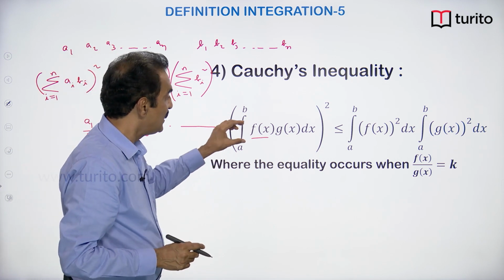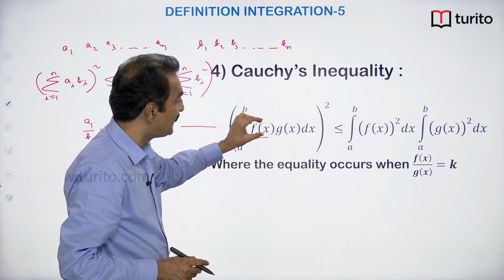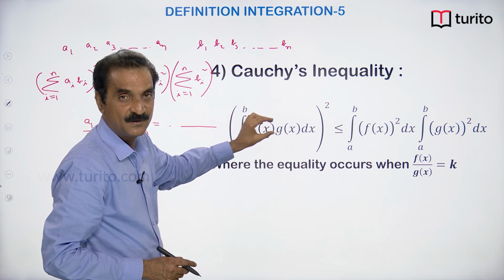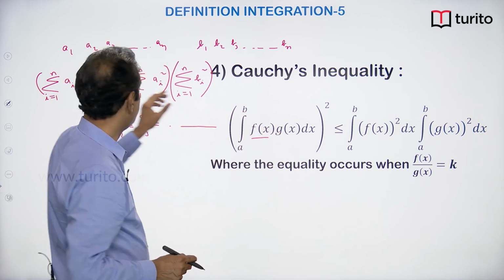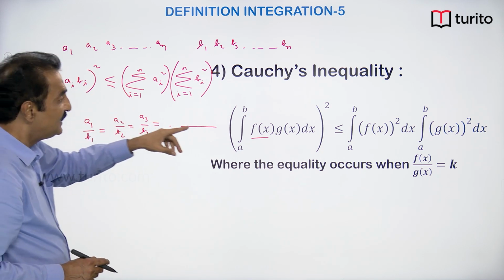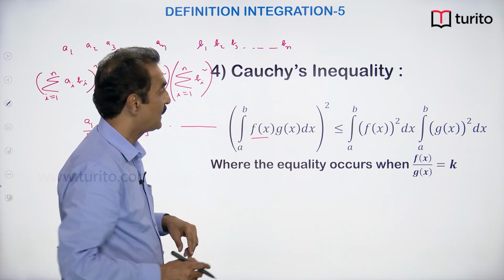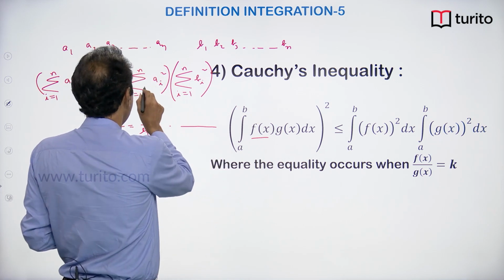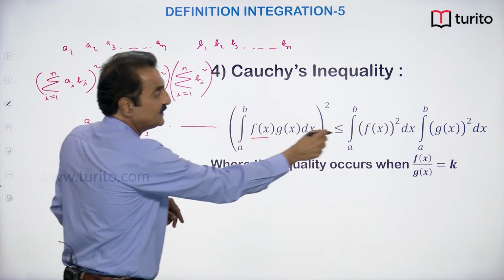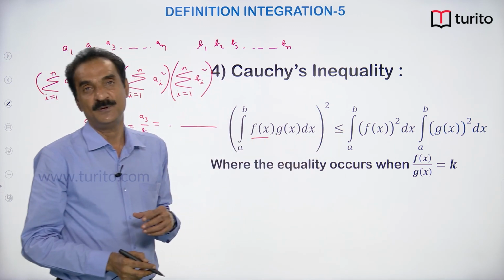Okay. Now, I am adding the values of the products f of x into g of x in the interval a to b, that is same as sigma ai into bi whole square. It is always less than or equal to sigma ai square, means integral f of x whole square into integral g of x whole square in the interval a to b.